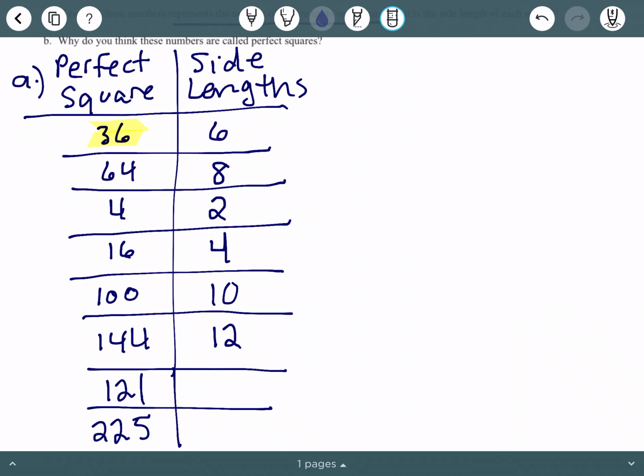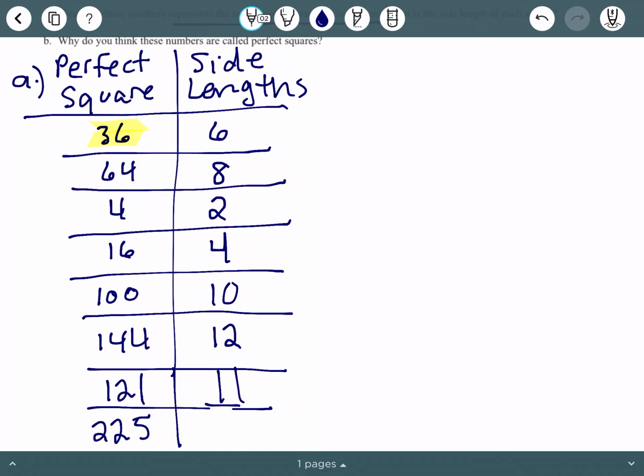Well, I know that 10 times 10 gives me 100, and 12 times 12 gives me 144. I'm going to try 11 for this, so 11 times 11. And when I do 11 times 11, I do get 121. Now, you are welcome to use a calculator for this. Again, I tried 10 times 10 first.